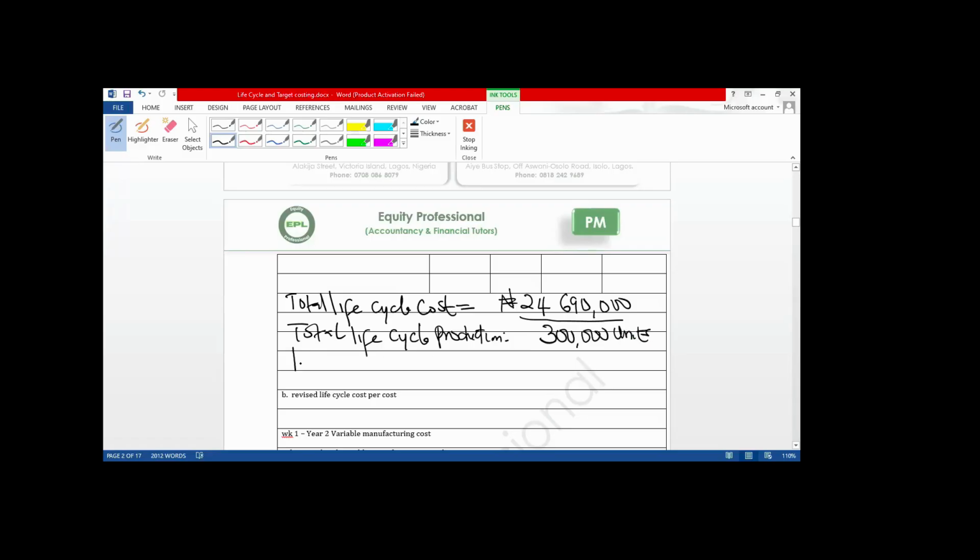Therefore, life cycle cost per unit, you are going to divide 24,690,000 by 300,000. That is 82.3.